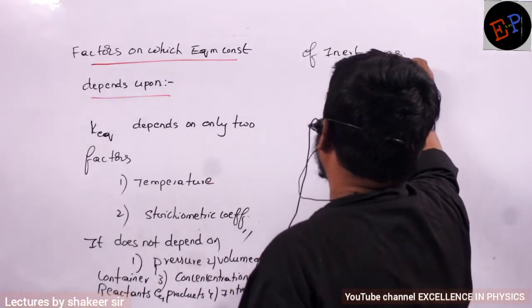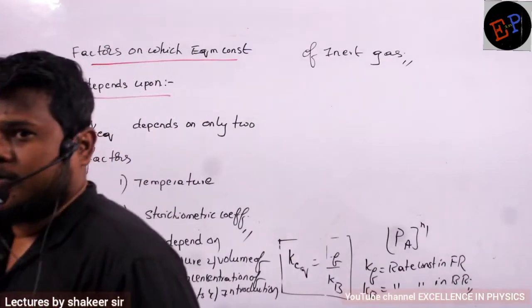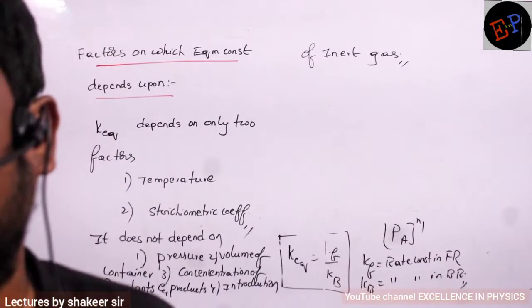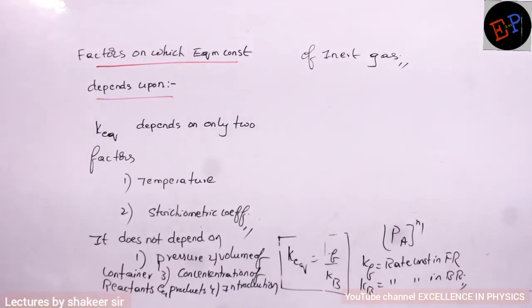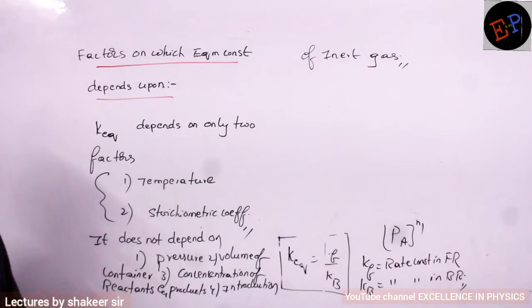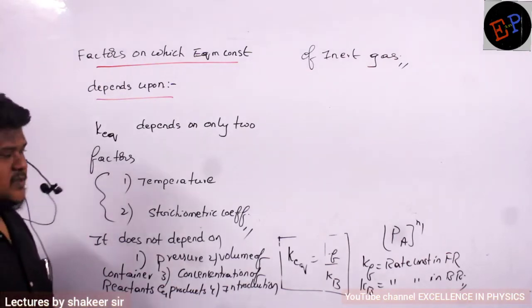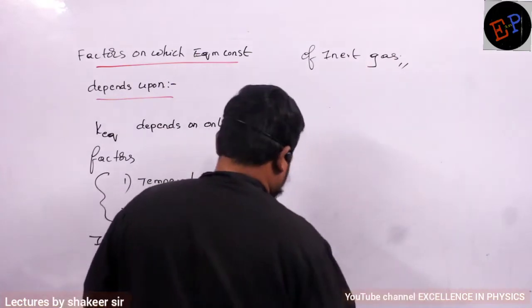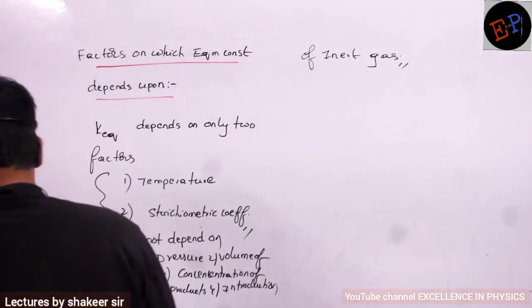The equilibrium constant doesn't depend on these factors. So it only depends on two factors and never depends on other factors, whatever the number of factors present. Now let us see the rules for calculating the equilibrium constant of a reaction in equilibrium.